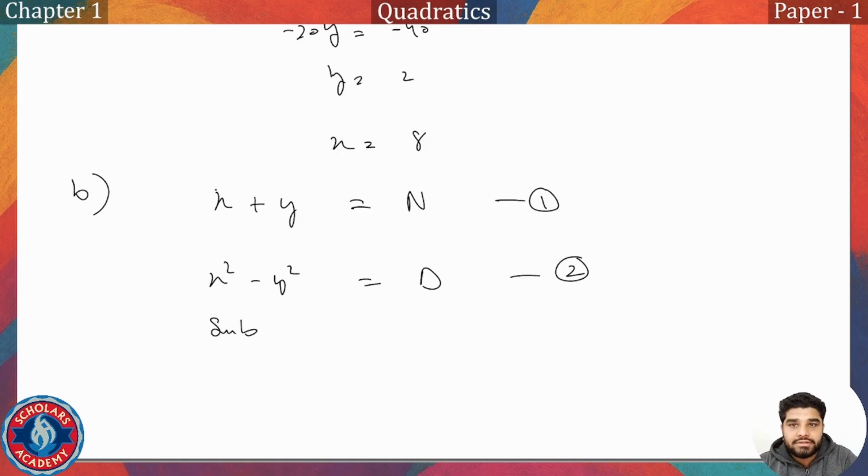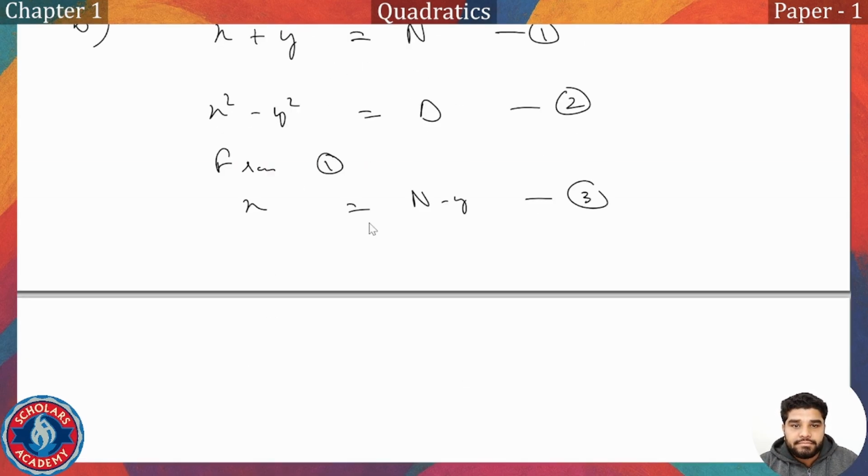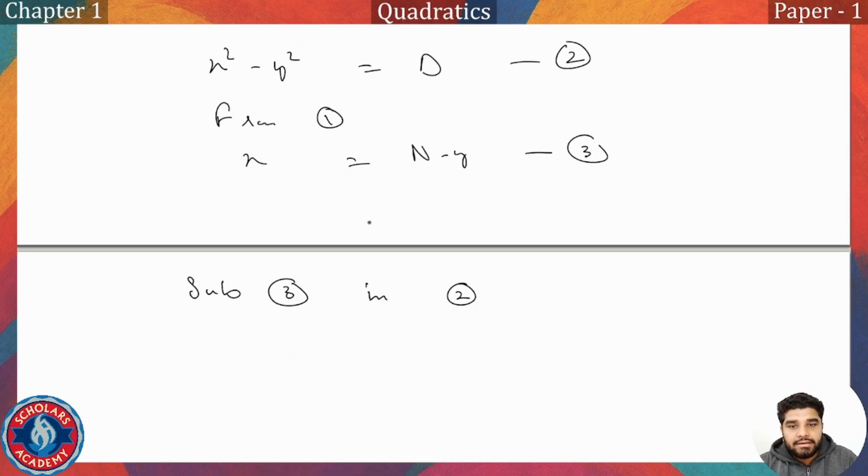I will not substitute right now. First I will take from equation 1. From 1 I can say x is equal to n minus y. I can mark it as equation number 3, and now I can substitute equation number 3 into equation number 2. So from here I will get (n minus y) whole square minus y square is equal to d.